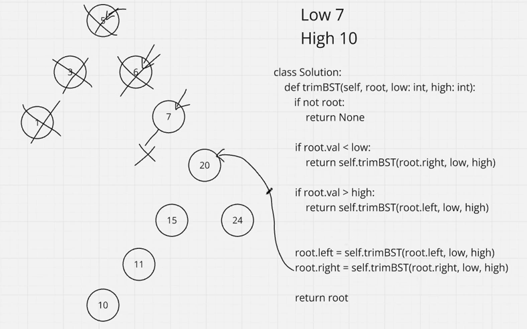Currently 20 is more than high, so we're going back into the function. Number 20 is more than high, so it will go to the left node, and this will be removed.